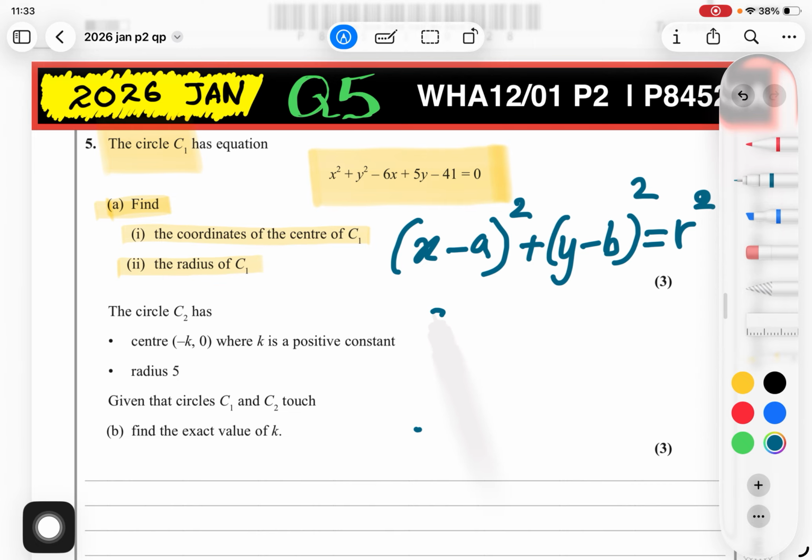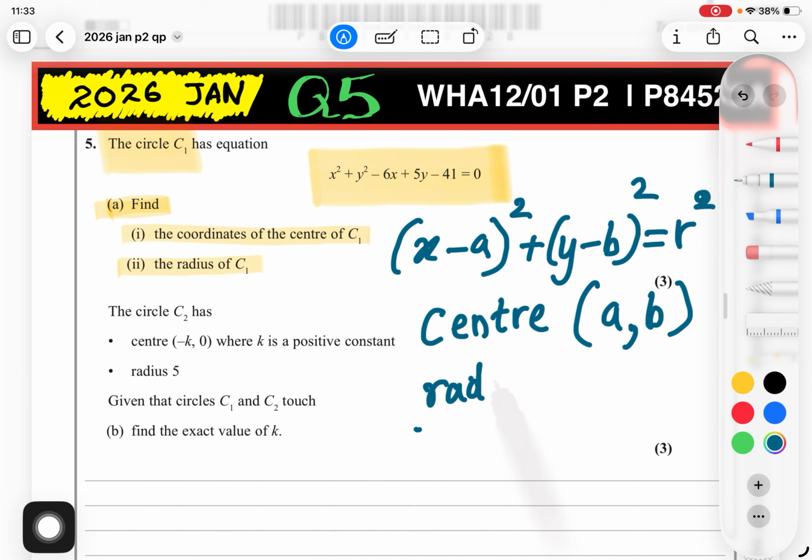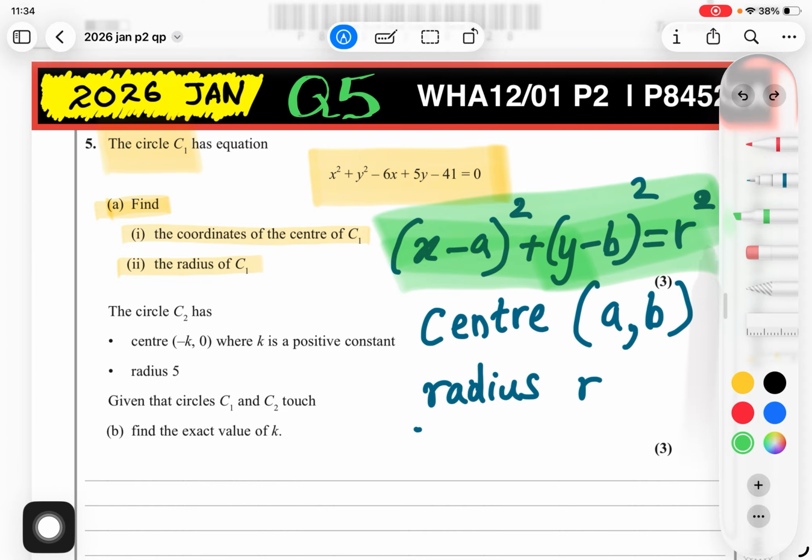Then the center is going to be (a, b), and the radius is going to be r. This is the main theory behind the equation of a circle. If the equation is in this format, we can get the center and the radius.